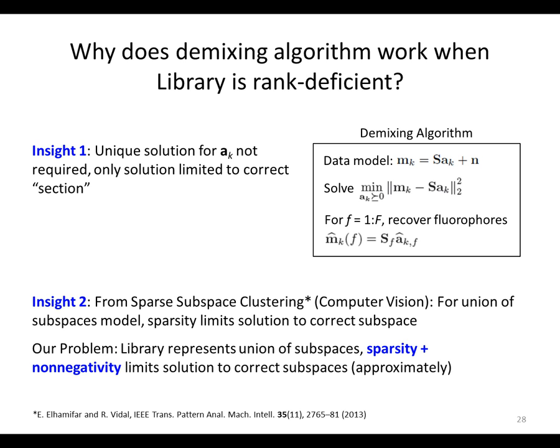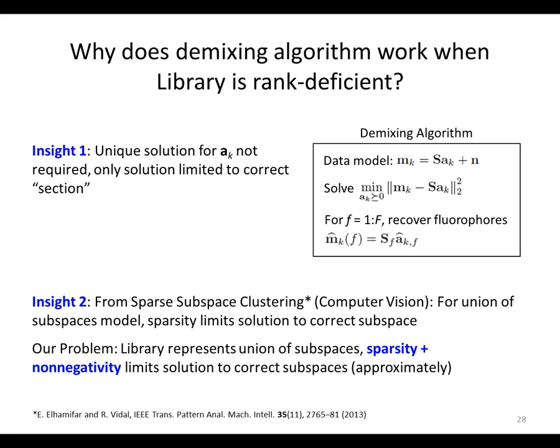And then if I ask for a sparse solution in addition to a non-negative solution, I get something that limits my solution to the correct subspace, approximately. And I say approximately because there are little tiny coefficients in other subspaces. This doesn't work perfectly for us like it does in this case, but as you can see, it works really well. So we need sparsity and we need non-negativity, right?